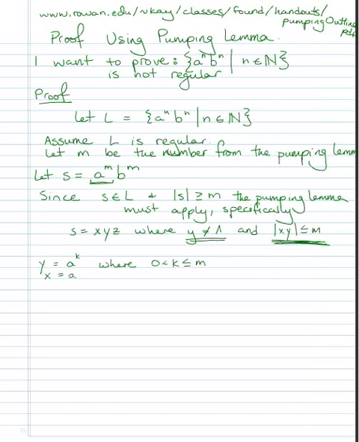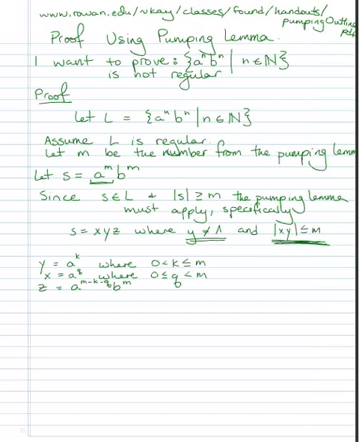Let's call that a^Q, where Q could actually equal 0, but Q has to be strictly less than M because Y has to have at least one a in it, so we lose one of those a's. So Z is everything else. Z is any a's that are left over, so that's a^(M-K-Q), and then b^M.